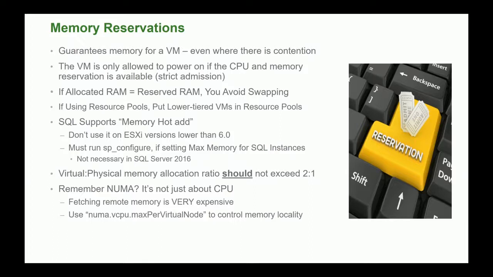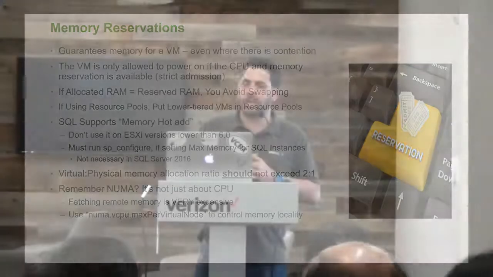But reservation can, I would say, future-proof it. Someone can make a human mistake and move stuff to your server or move your server somewhere else or whatever. Setting reservation makes sure that no matter what's going on, your VM is protected with physical memory. Okay?